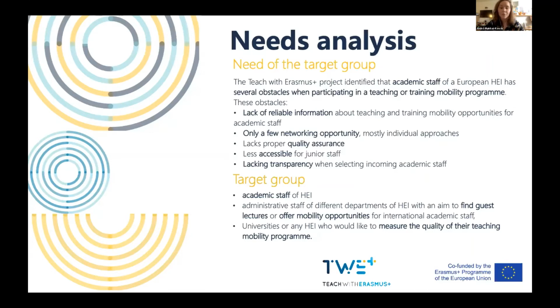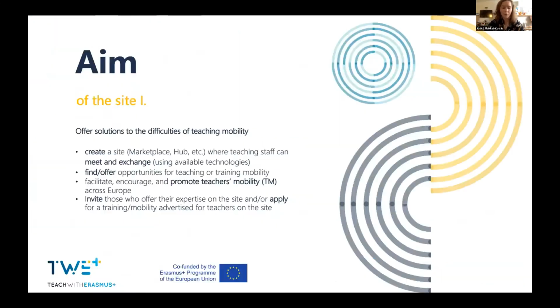The target group of the site is certainly academic staff of higher education institutions, and then the administrative staff who would like to find guest lecturers or offer mobility opportunities for international academic staff, and universities who would like to measure the quality of their teaching mobility program.